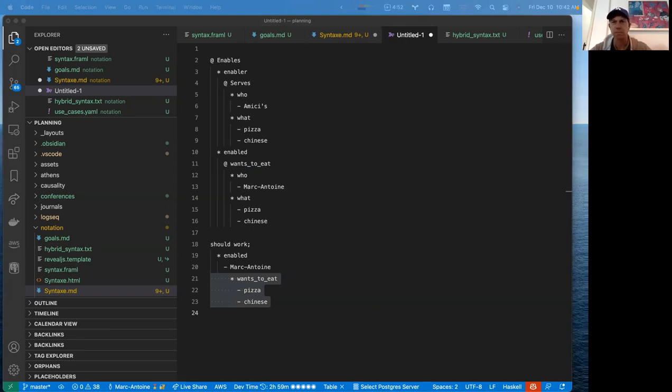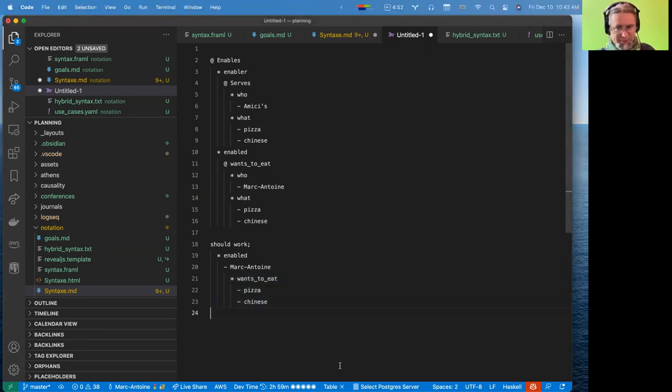So it enables Marc-Antoine wants to eat Chinese pizza in Chinese. Yeah, but I think it should be possible to be okay in the turtle-like notation I was aiming for. If you're in turtle, and maybe I should have, I mean, this is for people who are familiar with turtle, and I should have explained that. It's very possible to always say subject, predicate, object.